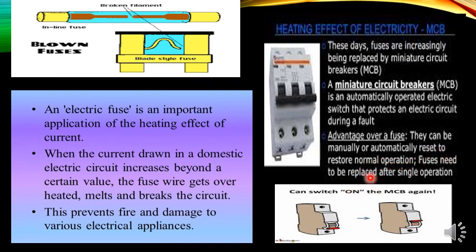Fuses have to be replaced every time when they blow out. This is the advantage of MCB over fuse. You must have seen this in your home also. You can switch on and switch off MCB any number of times. But when the fuse is blown out, you have to replace it. There is no other choice.